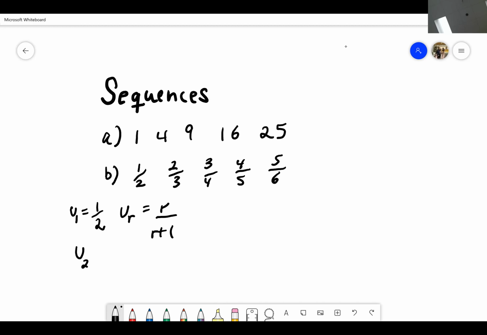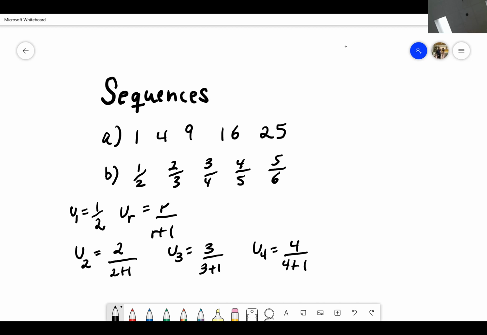So u of 2 equals 2 over 2 plus 1. And then u of 3 will be 3 over 3 plus 1. You see that? And u of 4 equals 4 over 4 plus 1.